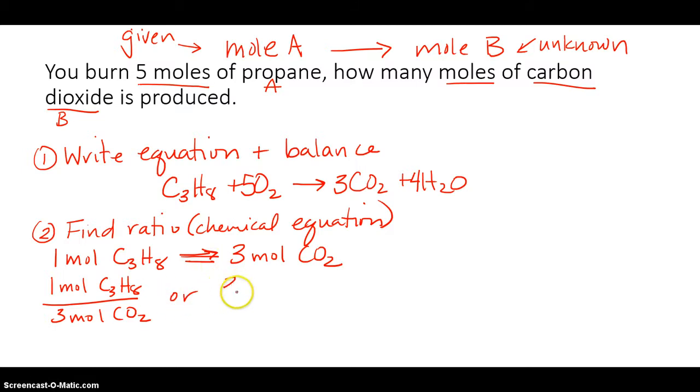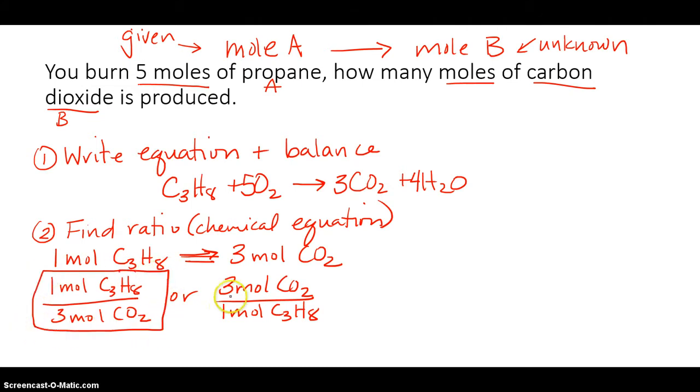I can write it 3 moles of CO2 over 1 mole of C3H8. So these are both the same thing. It's just different ways of writing it, and we're going to now write them different ways so that we can select which of these tiles we're going to best use for our problem.